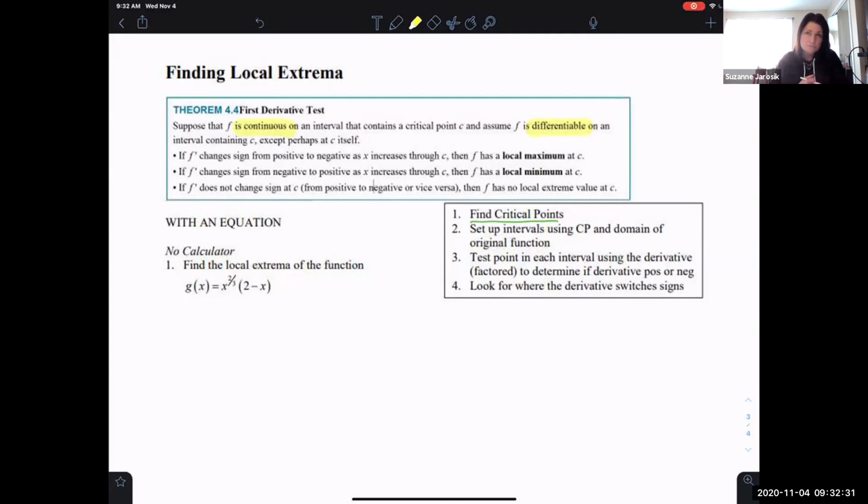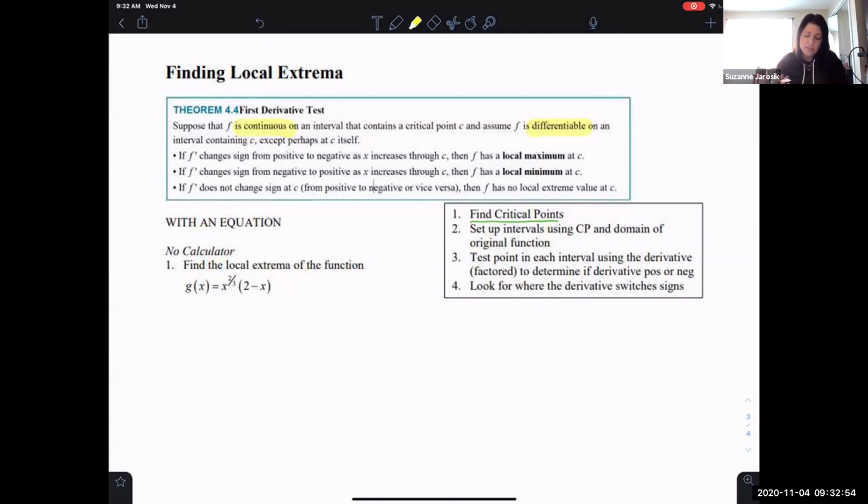This is all material we've talked about already, we just haven't pinpointed it yet. We've done the sign chart and we've seen where things are changing from positive to negative when we talk about intervals of increase and decrease. So we're going to put it all together now and then talk local maxes and mins.